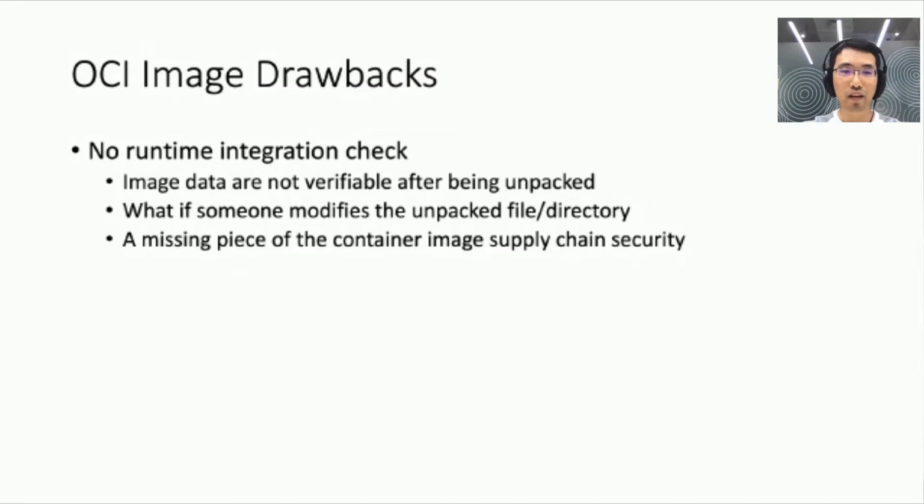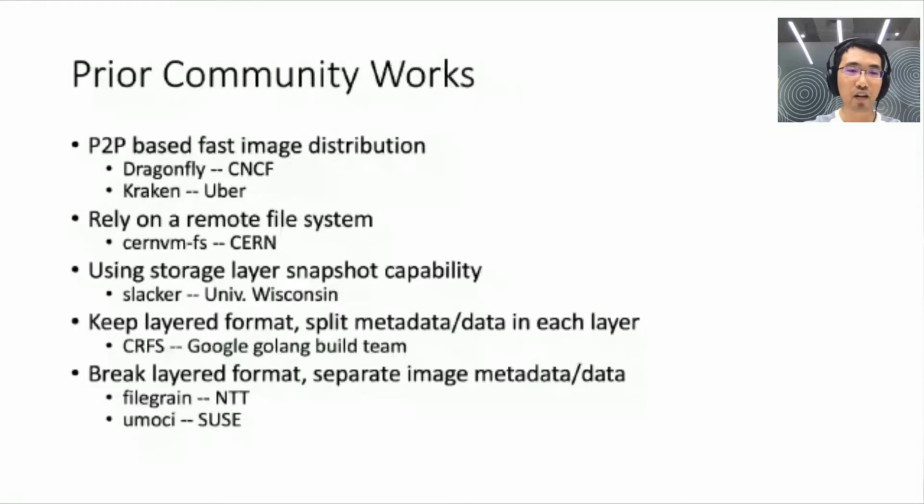With all these drawbacks, there are some prior community works. The first one is Dragonfly from CNCF and Kraken from Uber. They all used a P2P based method to speed up the container distribution. But the drawback is obvious: they still have to distribute the entire container image.